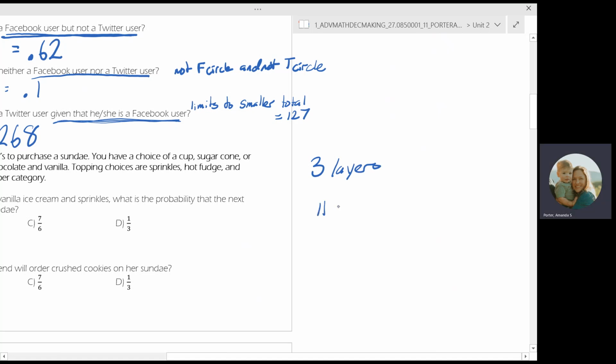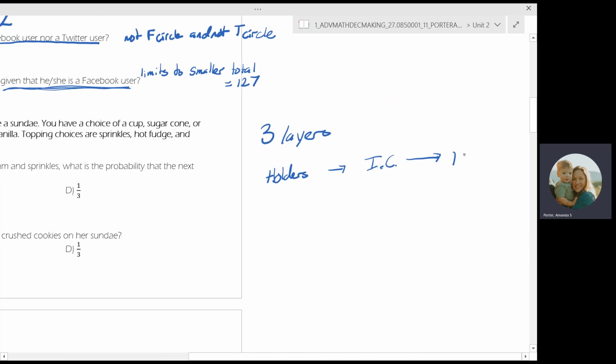You have the holders, then you'll move to your ice cream, then you'll move to your toppings. You have to choose them in that order. Well, technically you don't have to say them in that order, but you're going to have to choose all 3 things. So you're going to build off of the end of each branch to get to the next possibility.